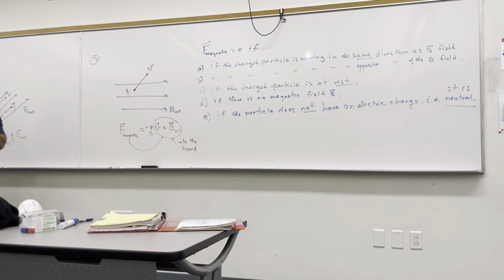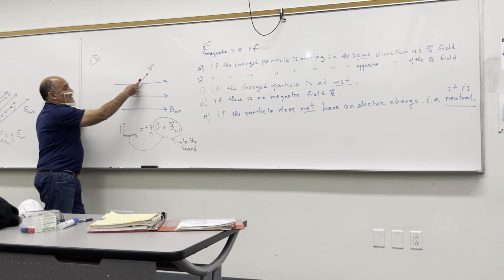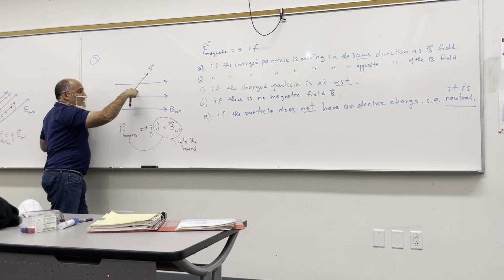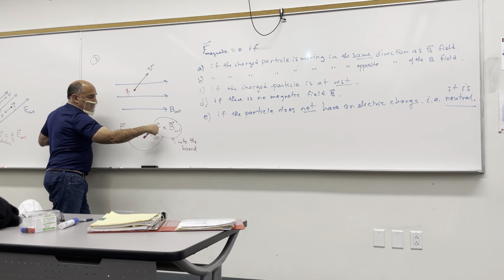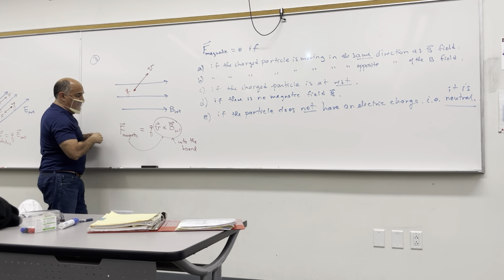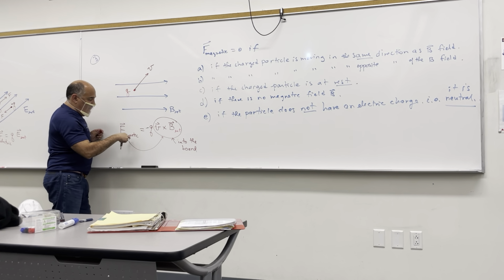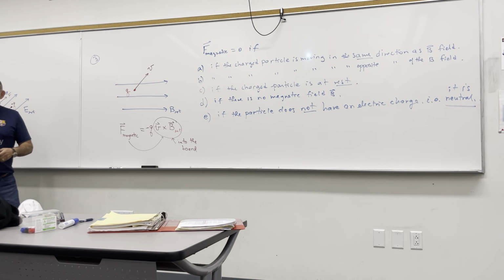But what happens if the charge is an electron? Then the velocity of the electron is that way, so V cross B is into the board, right? So this is V cross B, this is into the board, but if the charge is negative, the force is going to be out of the board, in the opposite direction of into the board. Yes?